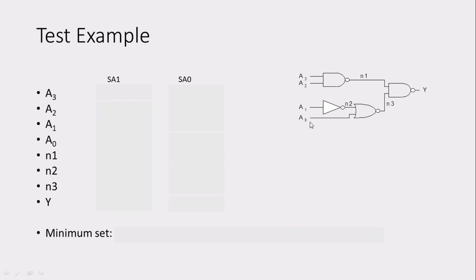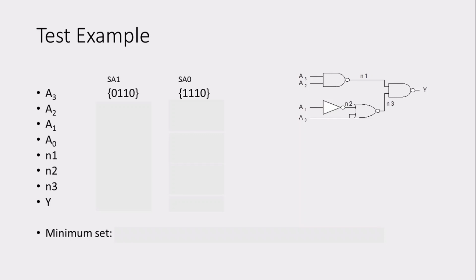Let us see, if I want to check whether A3 is stuck at 1 or stuck at 0, what input combination can I give? For stuck at 1, I can give 0 1 1 0. In a similar fashion, to check stuck at 0, I can give 1 1 1 0.